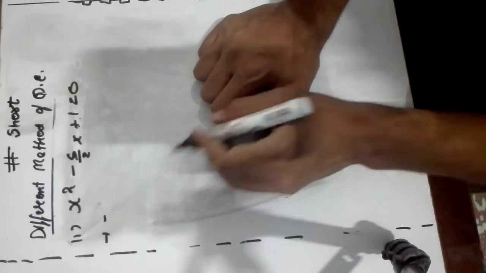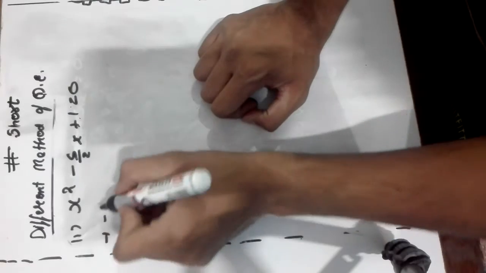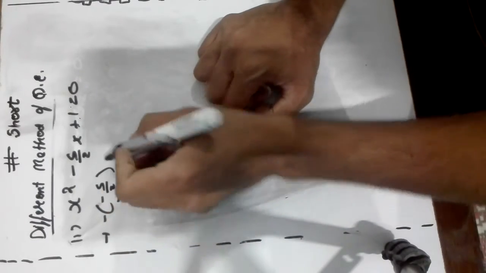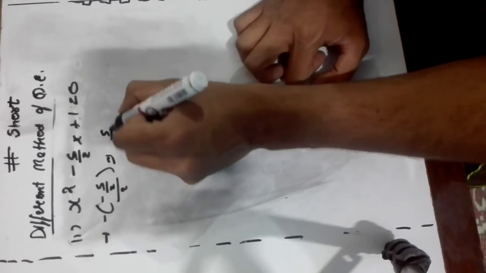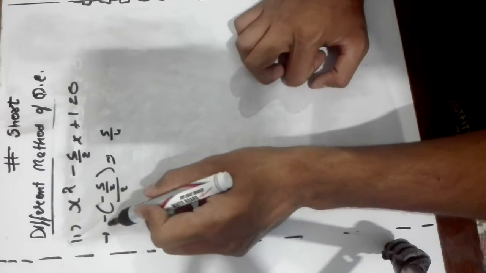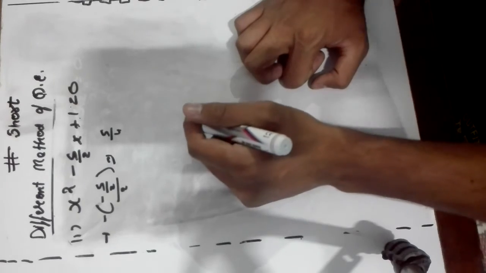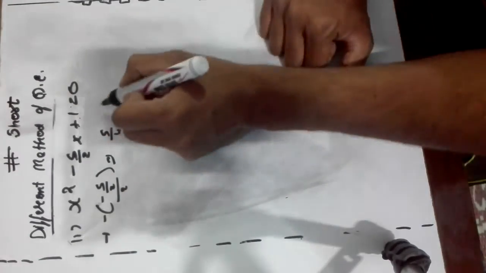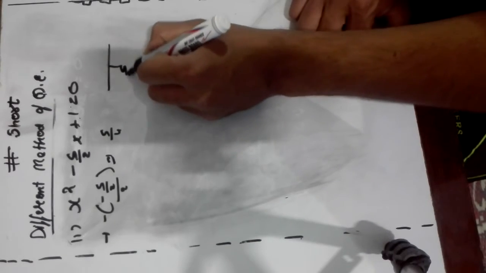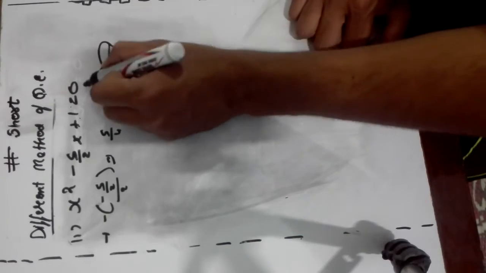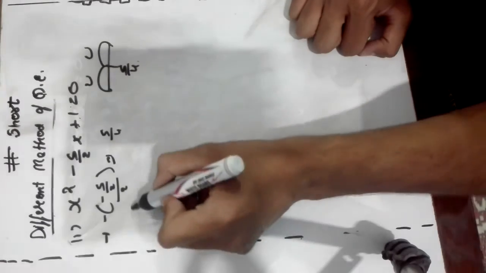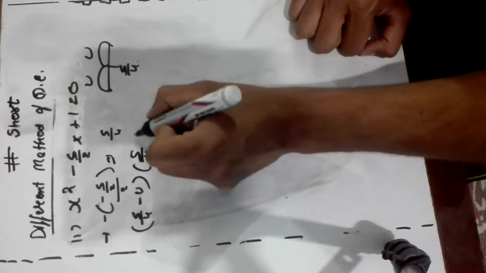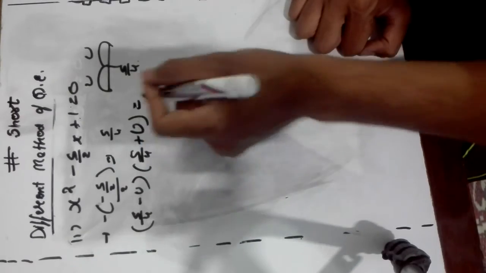We take minus before the bracket, and minus 5 by 2 divided by 2 gives 5 by 4. So 5 by 4 is the midpoint, and u is the unknown. So 5 by 4 minus u times 5 by 4 plus u equals 1.